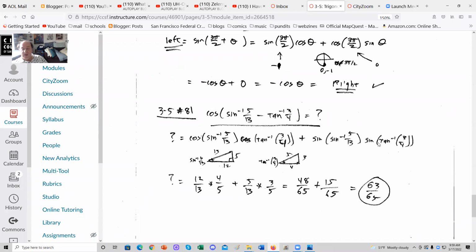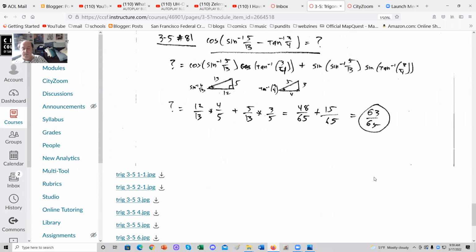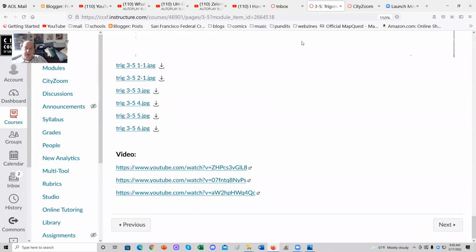Sine of arctangent 3/4, well, we see it here. Here's an arctan 3/4. Sine is opposite over hypotenuse, 3/5. So 12/13 times 4/5 plus 5/13 times 3/5 comes out to 48 over 65 plus 15 over 65, and therefore 63 over 65 is this cosine. All right then.